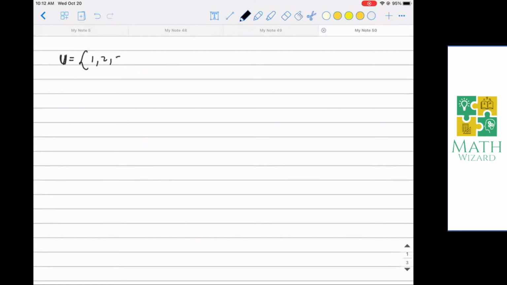1, 2, 3, 4, 5, 6, 7, and 8. For our letter A, we have 1, 2, 4, 5.